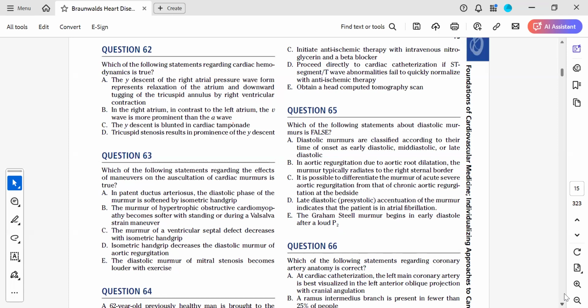Tricuspid stenosis will cause more of a giant A wave, because the atrium has to contract a bit more to push blood against the narrow tricuspid valve that's obstructed by the stenosis. So forceful atrial contraction produces a prominent A wave, but not a prominent Y descent.